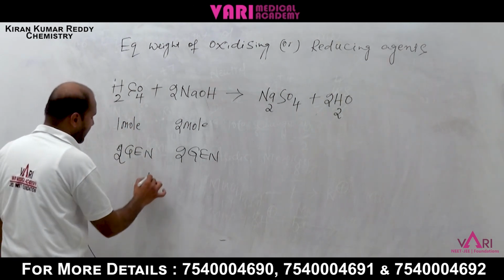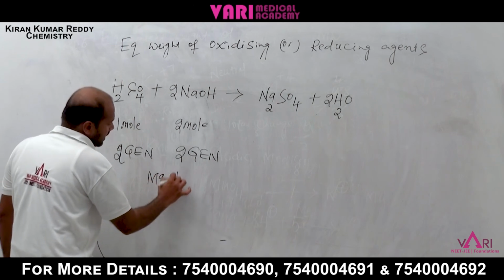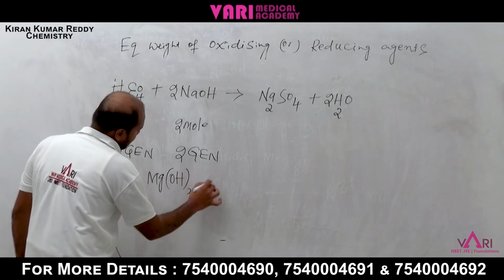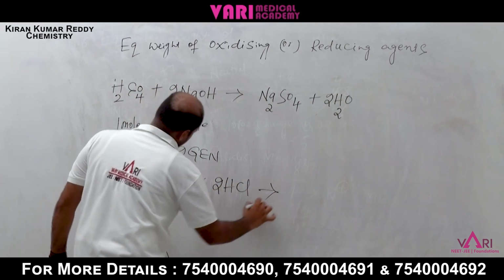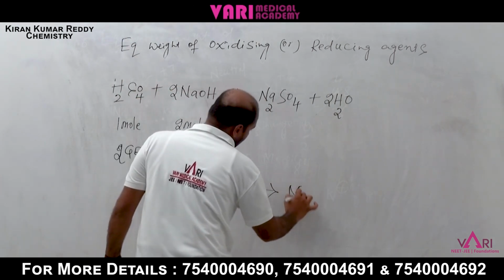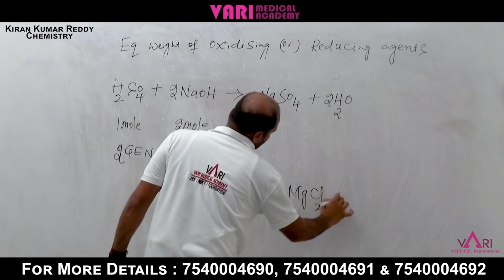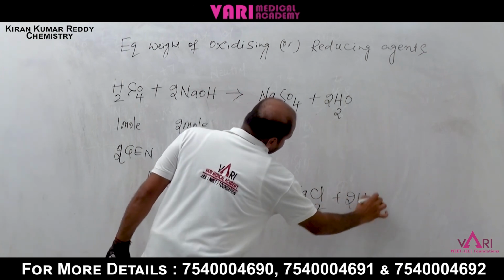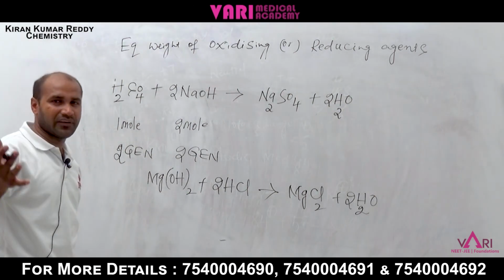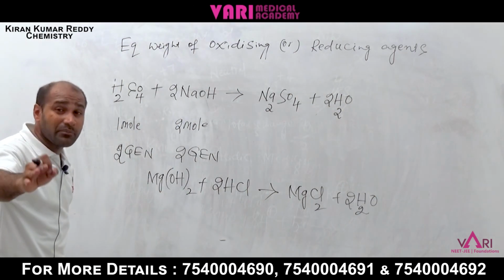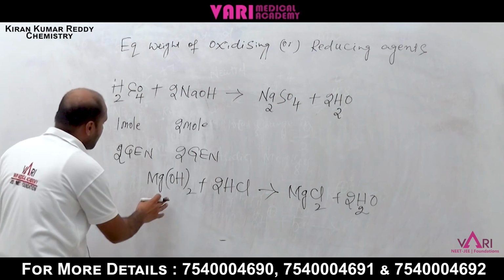If you take magnesium hydroxide, Mg(OH)2 plus 2HCl gives magnesium chloride plus 2H2O. In this also, the moles may be the same or different, but the gram equivalents are always the same.